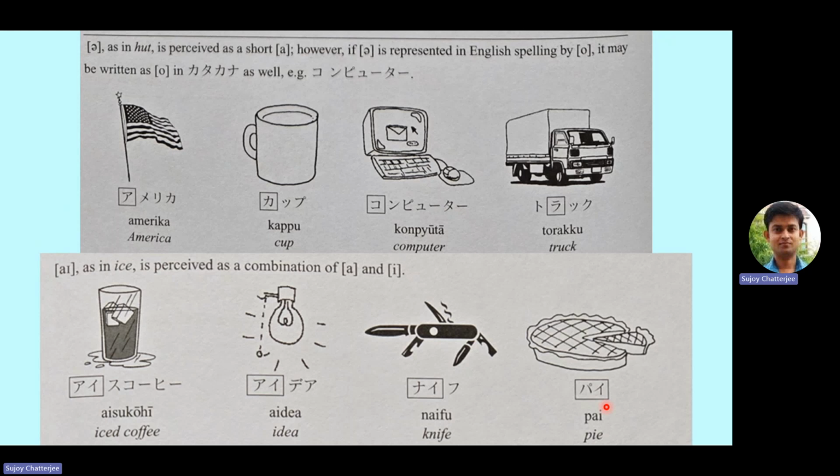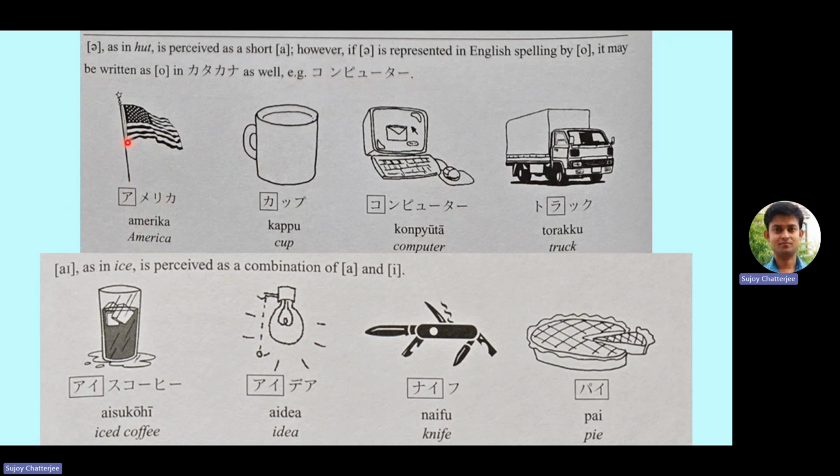For example, as you can see here, computer. It is an o sound here, ko. So it is written in katakana with an o sound: kompyuuta.